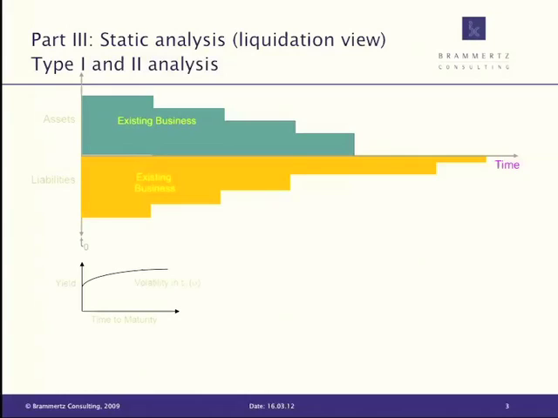So you shrink. Now, would you really shrink in reality? Not exactly, because what you do, you put everything into cash. So it would run into a cash value. This picture is not even fully realistic, but it's a good representation of what happens in static analysis. In static analysis, you look at the contracts until they mature, and you do not consider how they go on in the future.